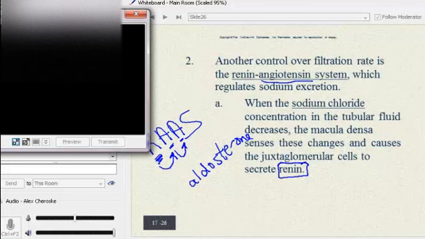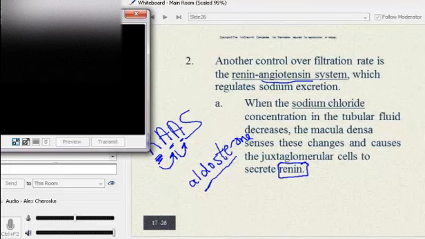So this is just another mechanism that is helping us to regulate fluid levels in the body. Not only does the renin affect filtration rate, or it can as a local chemical, but it also can control the release of aldosterone, which is going to help us to control fluids as well.